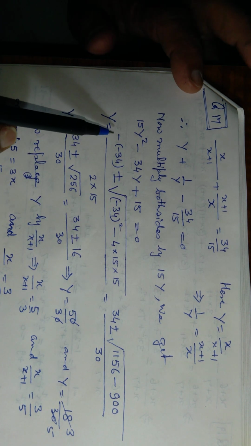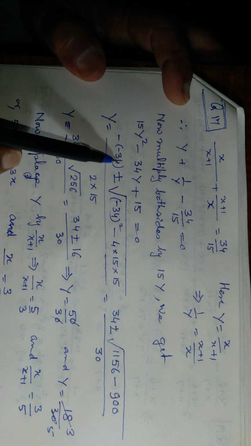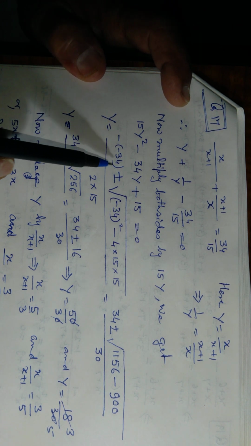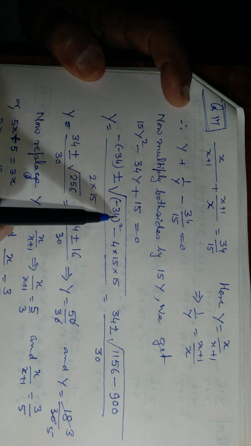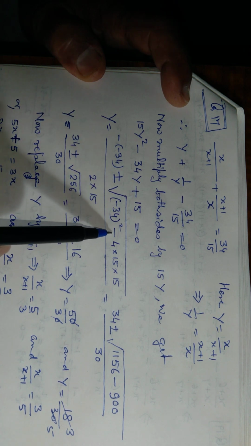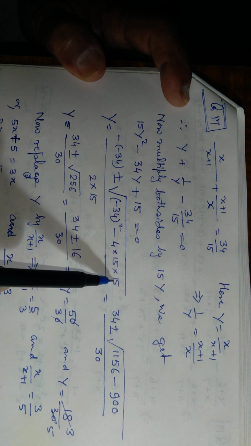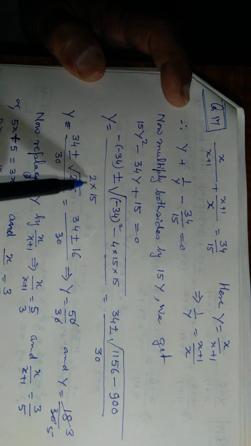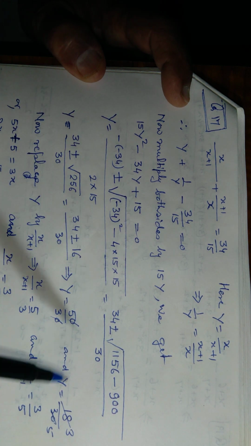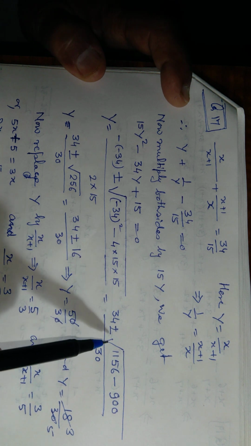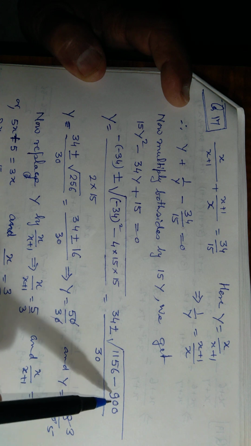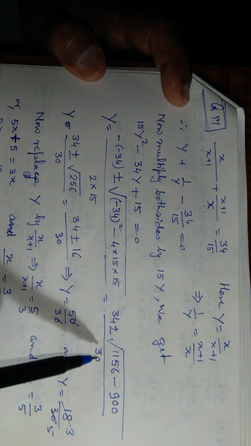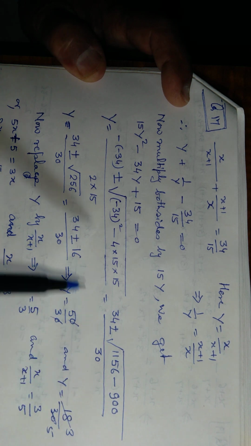y will be equal to minus, inside the bracket you write down minus 34, plus minus root of (minus 34) whole square minus 4 into 15, whole divided by 2 into 15. It will be equal to 34 plus minus root 1156 minus 900, whole divided by 30.